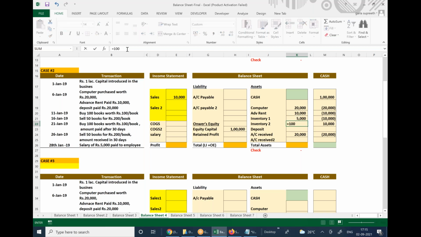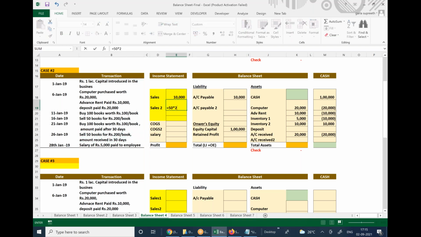My inventory, again, I bought 100 books for 100 rupees. But this time, I told them I'll pay after 30 days. My account payable will be 10,000. Nothing from the bank because I said I'll pay later. Again, I sold 50 books for rupees 200.